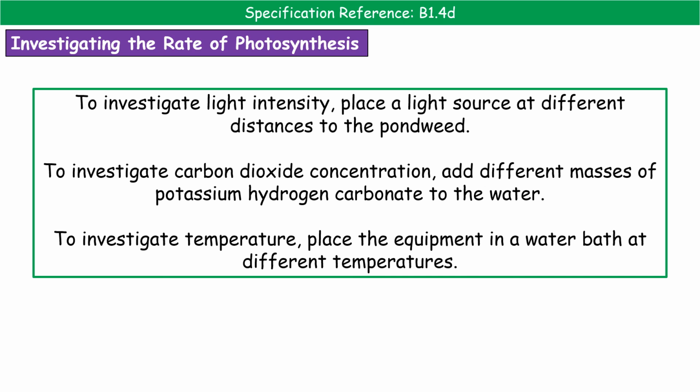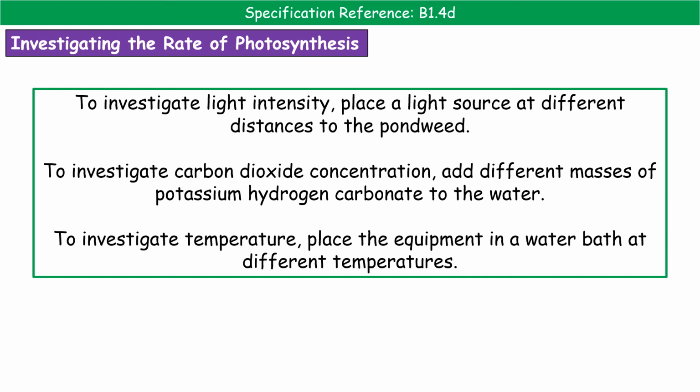Now, in terms of changing the factors that could affect the rate of photosynthesis for our pondweed, if you were to change light intensity, you would put your desk lamp close to the plant first of all, and then you'd move it further and further away, taking readings at each new distance. On those ones, they will sometimes have a big measuring cylinder full of water between the lamp and the pondweed.